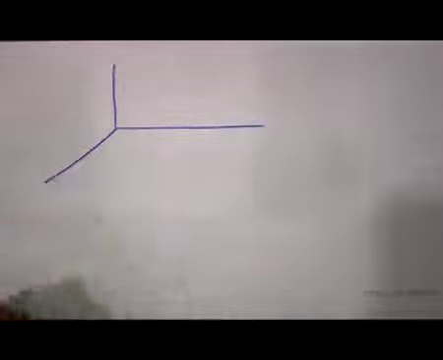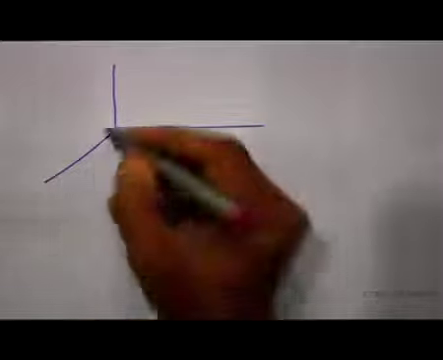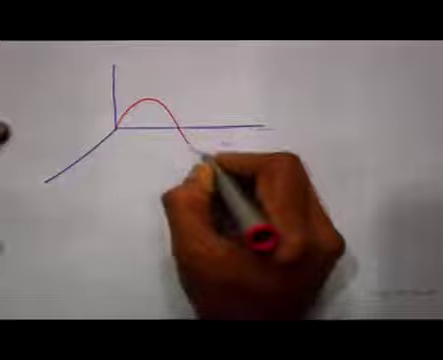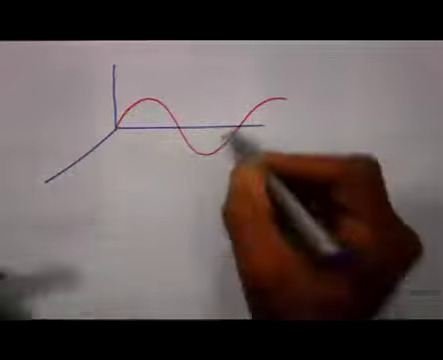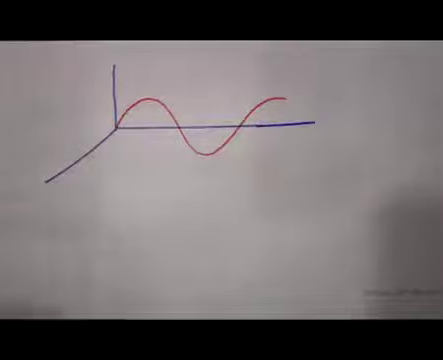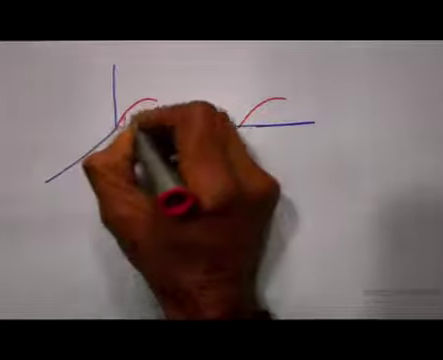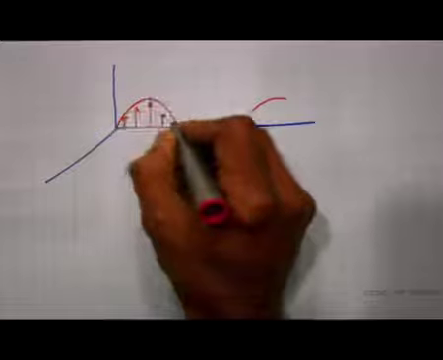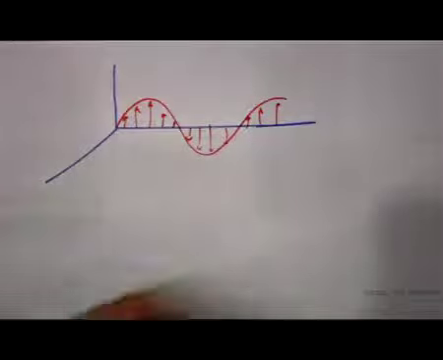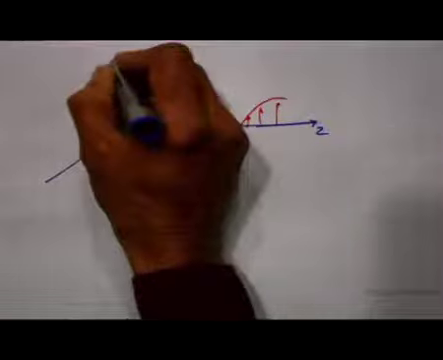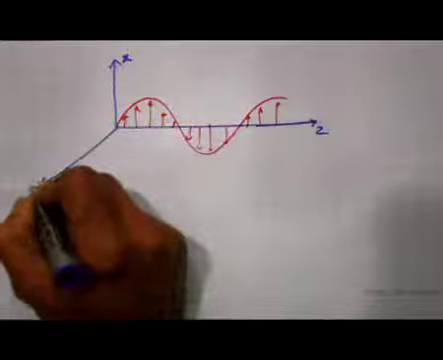So, let me recall, electromagnetic waves are nothing but waves of electric and magnetic fields. We had drawn a figure last time. If I were to draw the same figure again here, I will show the electric field like this, a wave like this, and these are the electric field vectors which I am drawing here. This is the z direction, this is the x direction, and this is the y direction.